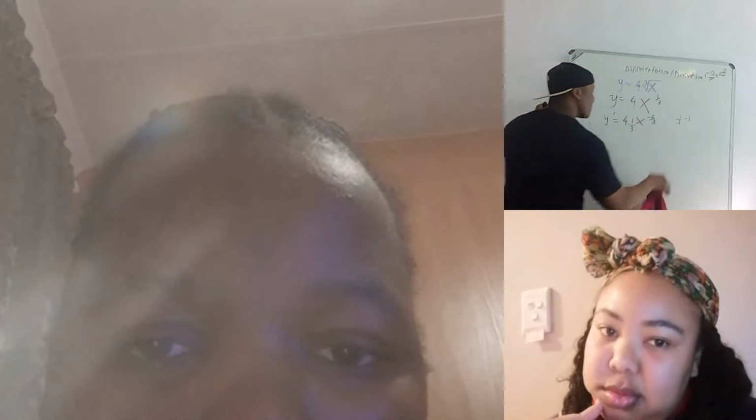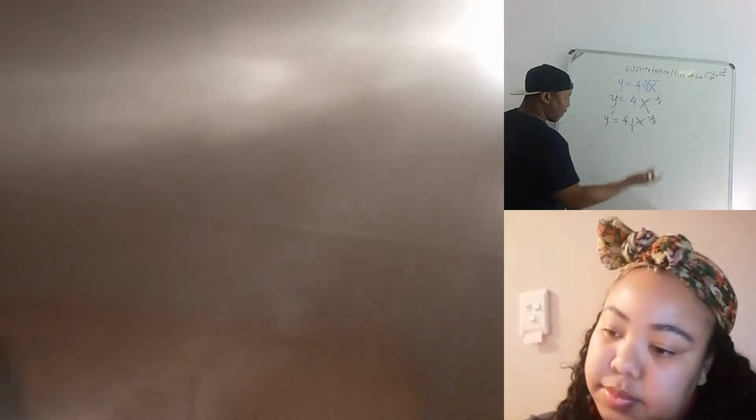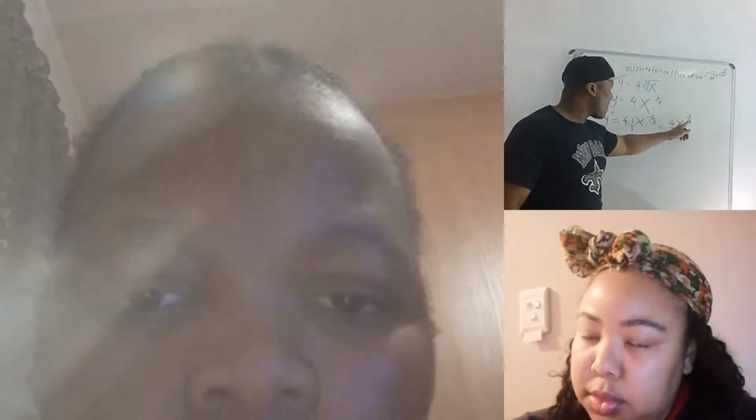So then this is going to become y dash, 4 times 1 over 3, so 4 over 3, x to the power of negative 2 over 3. But I cannot leave it like that, even though it's the final answer. I don't think it's right to leave something with a negative power, which means I must take it to the bottom.